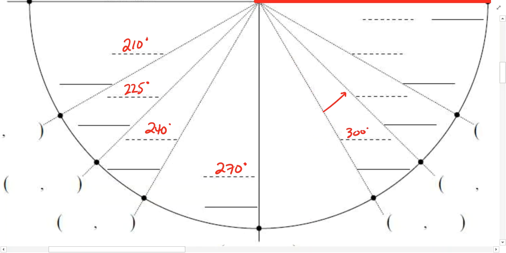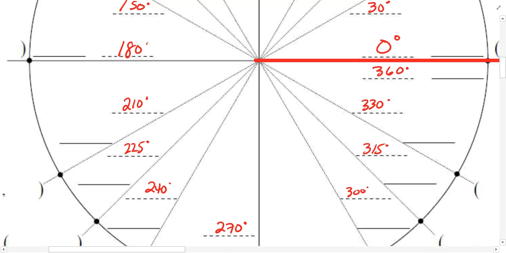An additional 15 to this position is 315 degrees, then 330, and then we end up with 360, back where we started. If we had an angle measure that contains sides that start at the positive x position on the x-axis and ends at the same position, we can consider that a 0-degree angle, or if necessary, we can consider that a 360-degree angle if it opens all the way around.